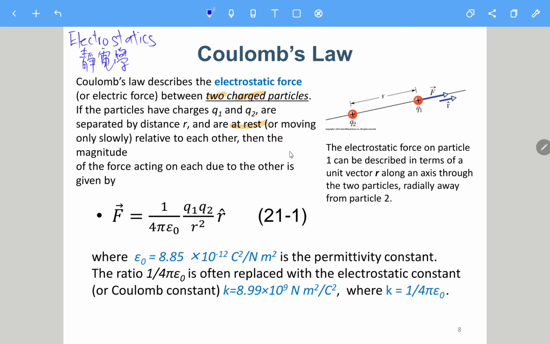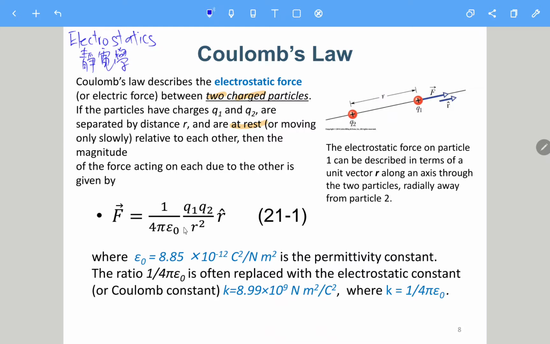Okay, so the magnitude of the force acting on each due to the other is given by this equation. F is a vector, the force acting on the charges, and this 1/4 pi epsilon naught is a constant.